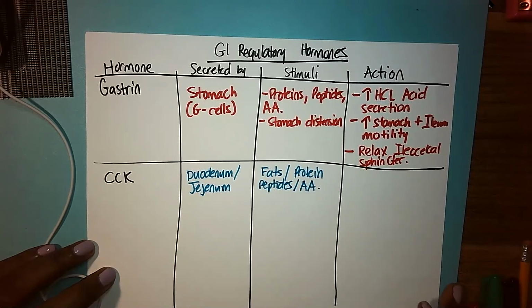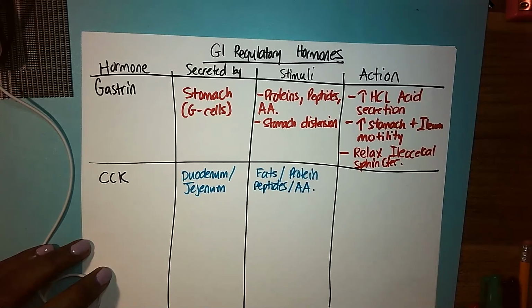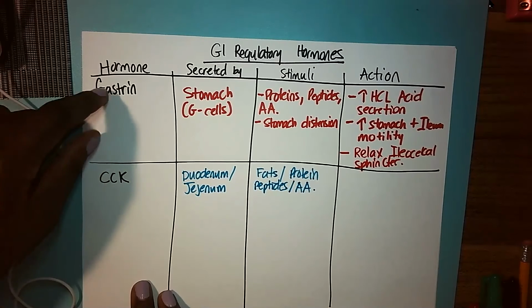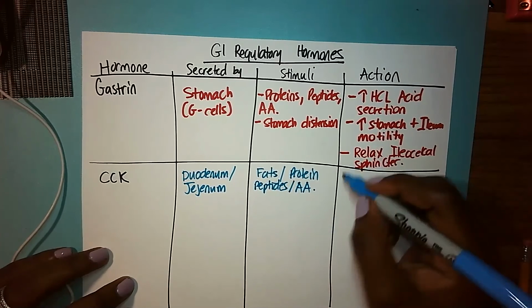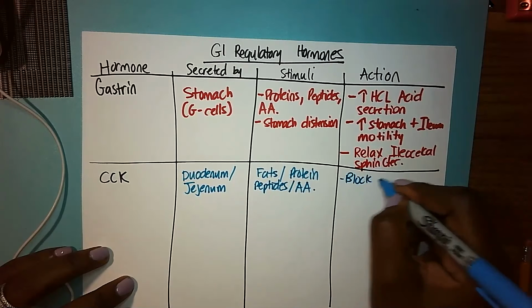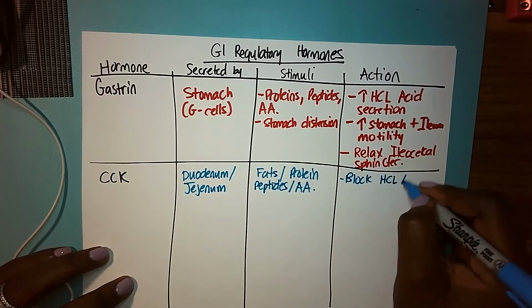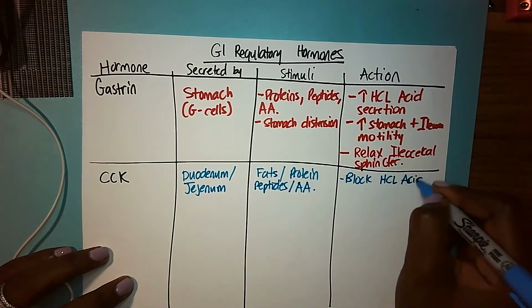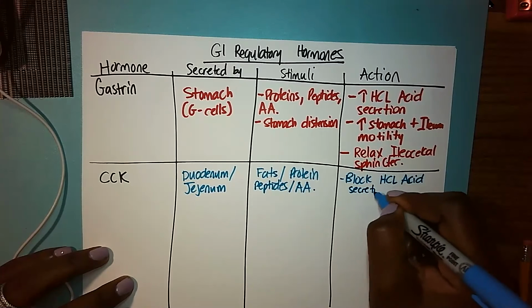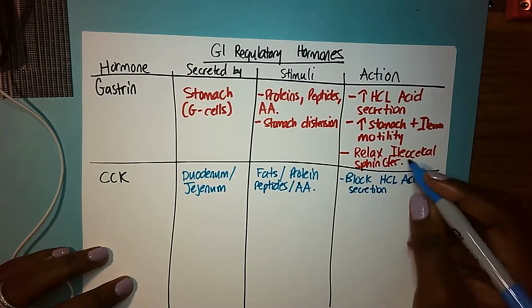The function of CCK is to block acid secretion, so it's going to block the function of gastrin, right? It's going to have an opposite effect here. Block acid secretion, as well as block stomach motility.